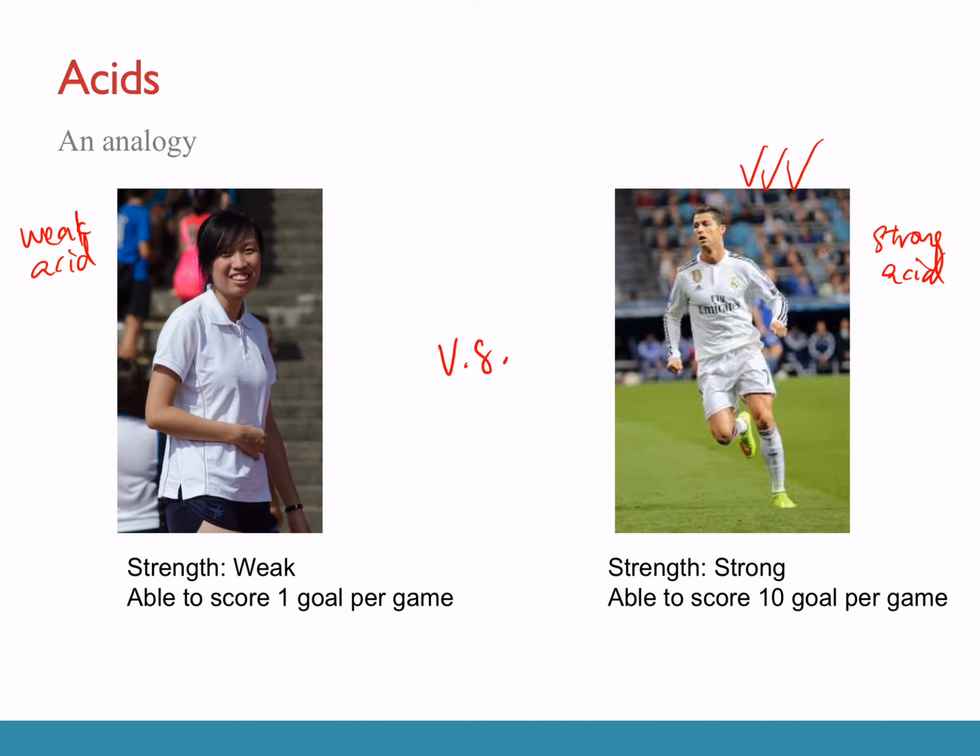So the number of goals scored is equivalent to the number of H plus ions that are produced at the end. Let's take it like this. So a weak acid always gives less hydrogen ions compared to a strong acid if they are at the same concentration. Okay, so the concentration here refers to the number of people per team.